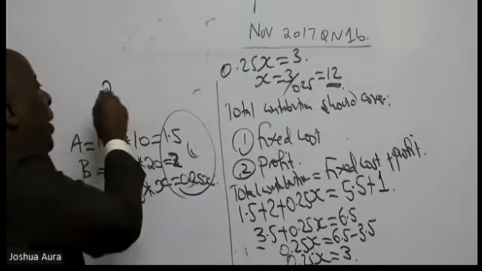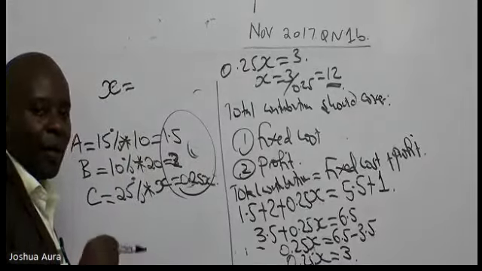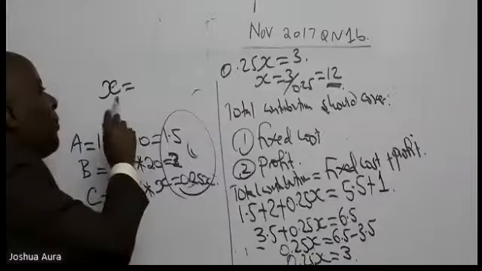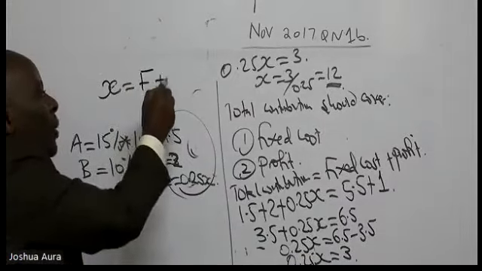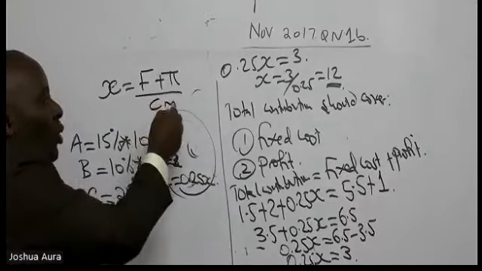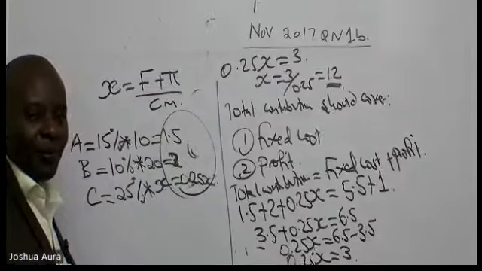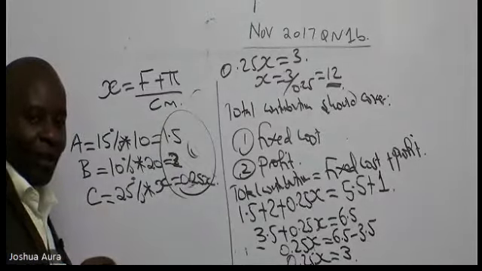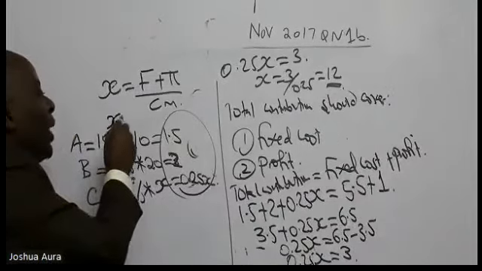Remember, for you to be able to get x in break-even analysis, to get X for any targeted profit, we normally take fixed cost plus the targeted profit, or pi, all over contribution margin.